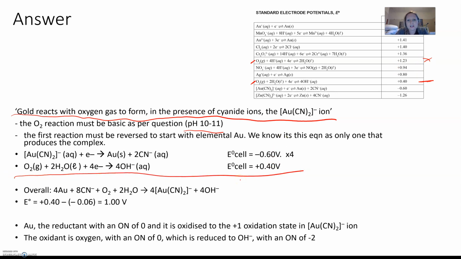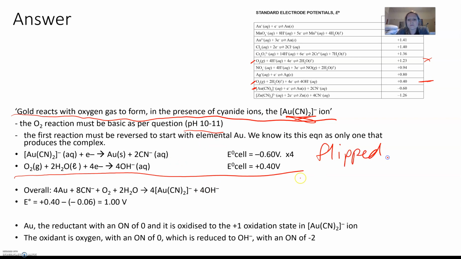And then the next thing is that I'm looking for a reaction where we get the gold cyanide ion, apologies. I've gone, well, where down my list does this appear? And you see it here, okay? And so I've put those both down. Now, what you'll notice here is that this top equation needs to be flipped.